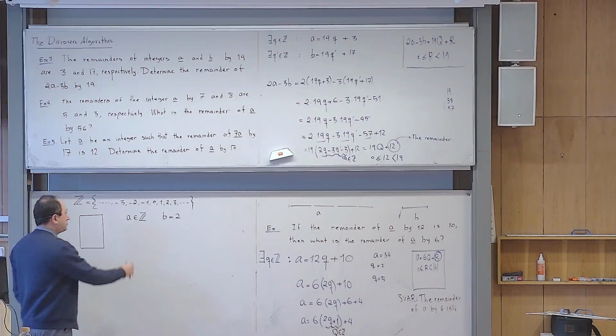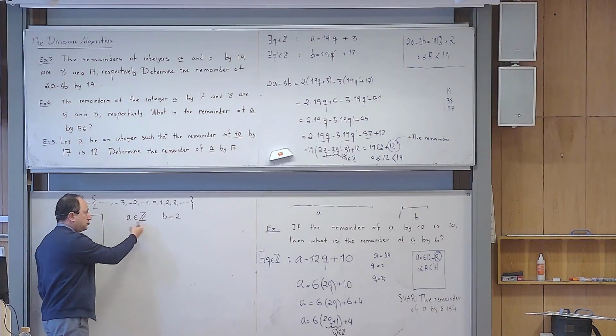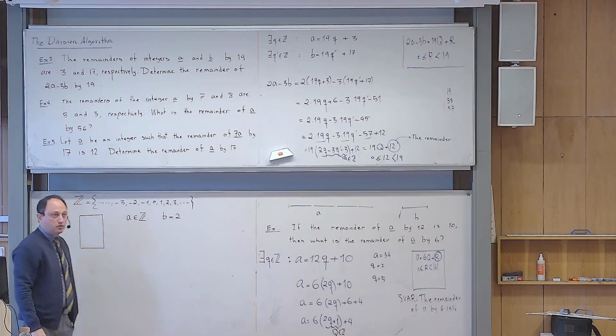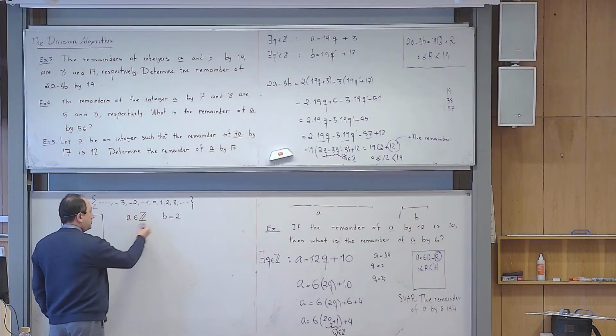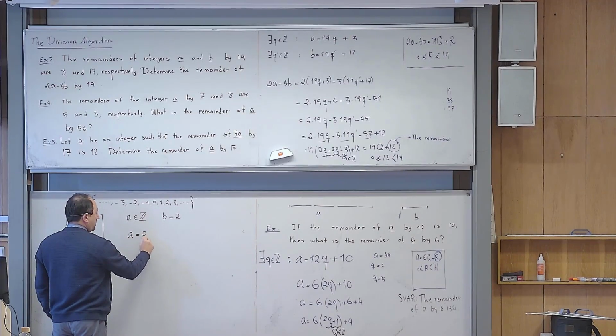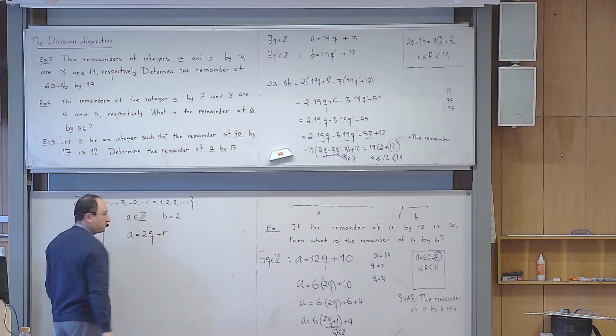I want you to write the division algorithm for these choices. A is arbitrary, but b is 2. What happens if I want to use the division algorithm? The division algorithm tells you that if you divide a by b, a on the left, b, which is 2, on the right, then you will have some q and some r, yes?